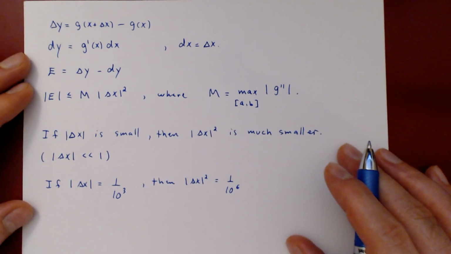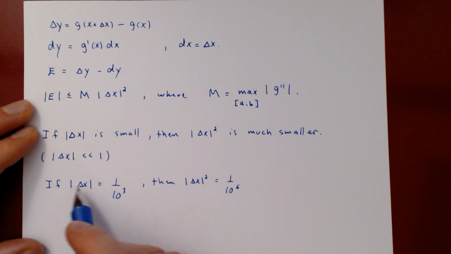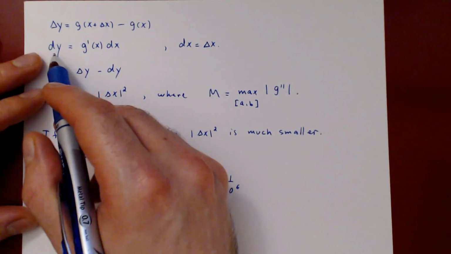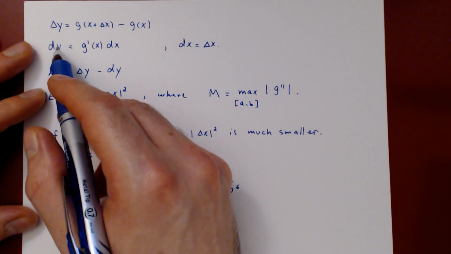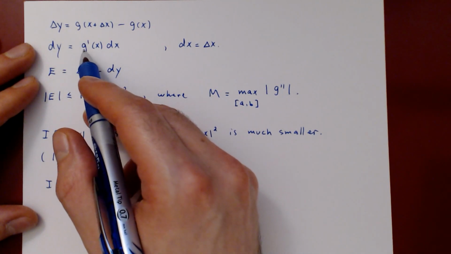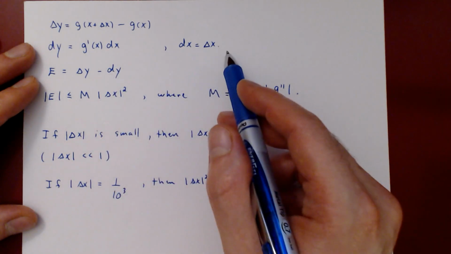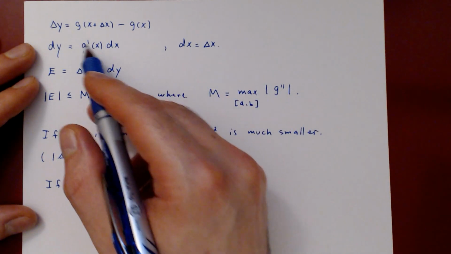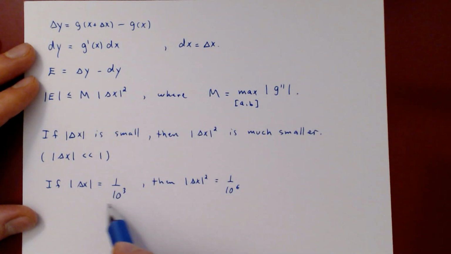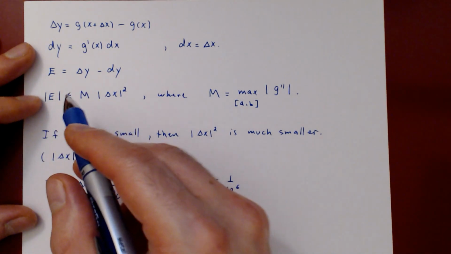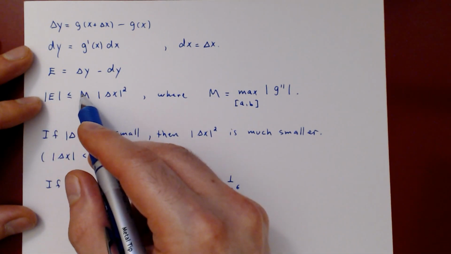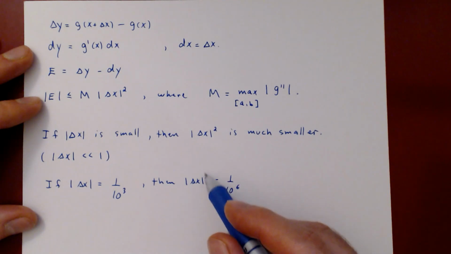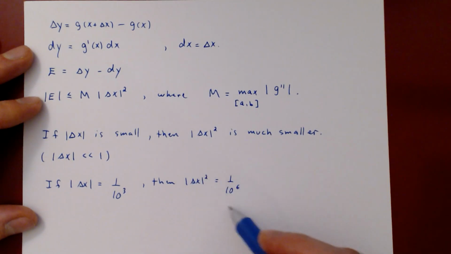So you can see, suppose your delta x is on the order of 1 over 1,000, then the approximation dy will be a constant, the slope of g at x, times delta x. So it'll be some constant times 1 over 1,000, but then the error will be at most some constant times the size of delta x squared, times 1 over 1,000,000.